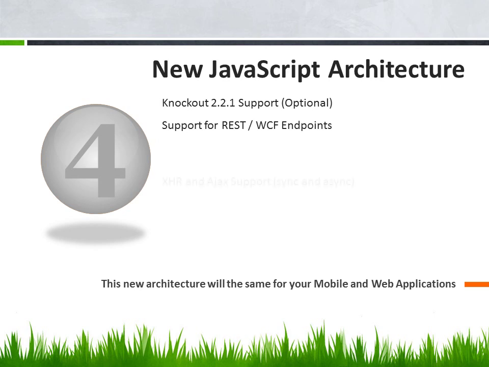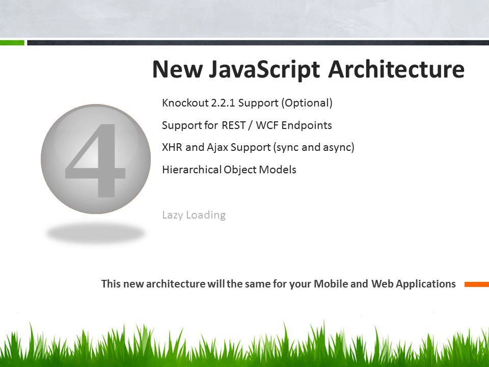Support for REST and WCF endpoints, XHR and AJAX supported, synchronous and asynchronous calls available, hierarchical object models, again, deserialized, serialized, and it'll be pretty smart. It'll prune an object graph and send only the dirty JSON up. And it will support lazy loading, just like the EntitySpaces does on the server side, and row level and column level dirty tracking.